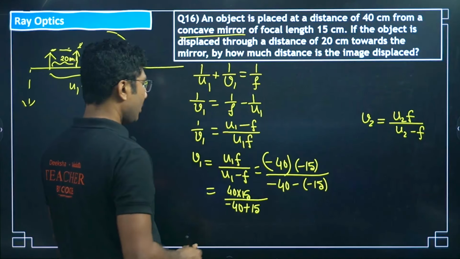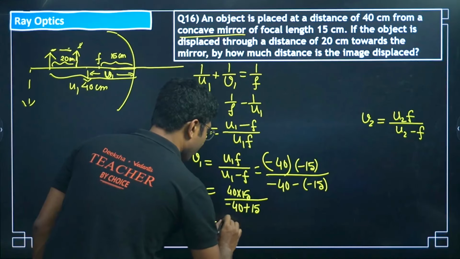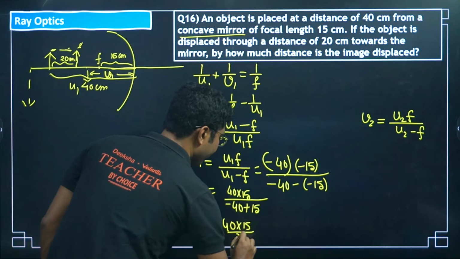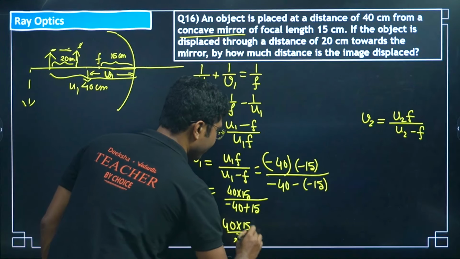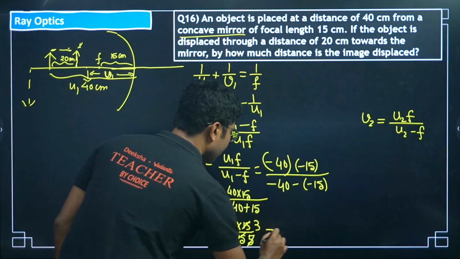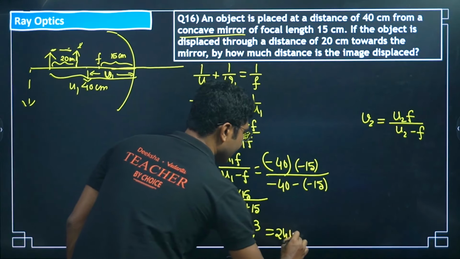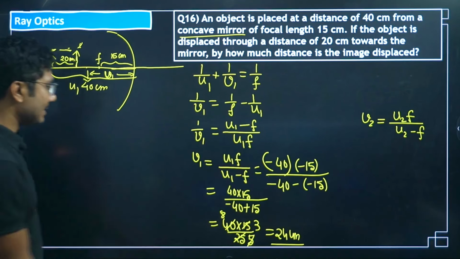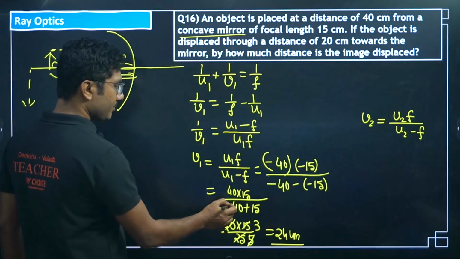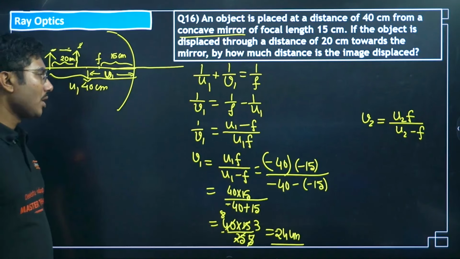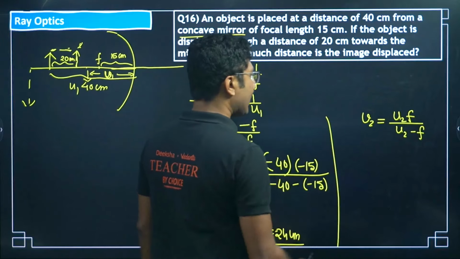So, it will be 25. So, 40 into 15 by 25. 5 5s are 25, 5 8s are 40. So, it will be 3 8s are 24 centimeter. So, initially it was 24 centimeter away. There is a negative sign obviously because minus 40 plus 15. So, minus 24 centimeter.